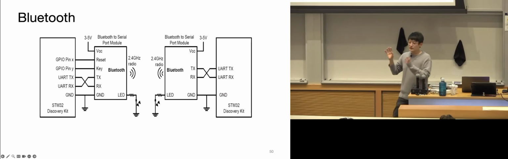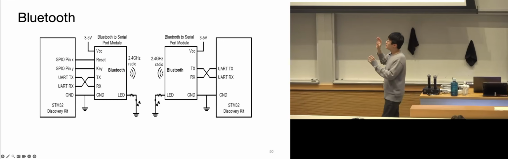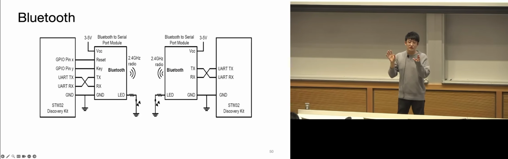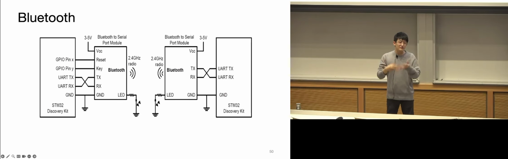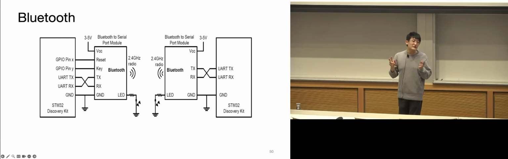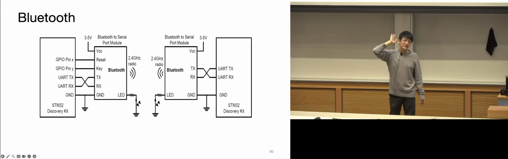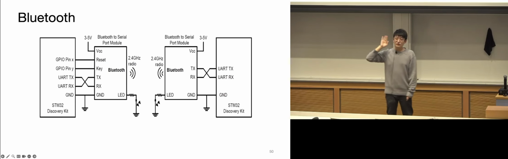The reason for that is because there is this additional layer of UART communication between your chip and the Bluetooth module. That's slowing things down. So even if you go with Bluetooth 5.0, you might not achieve the speed you would like to achieve.